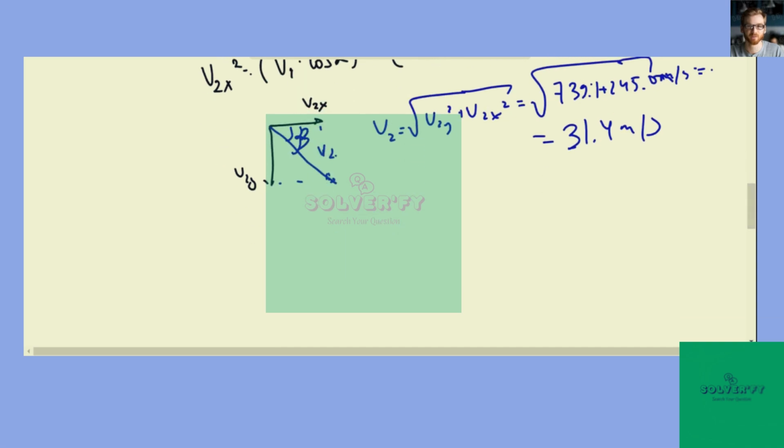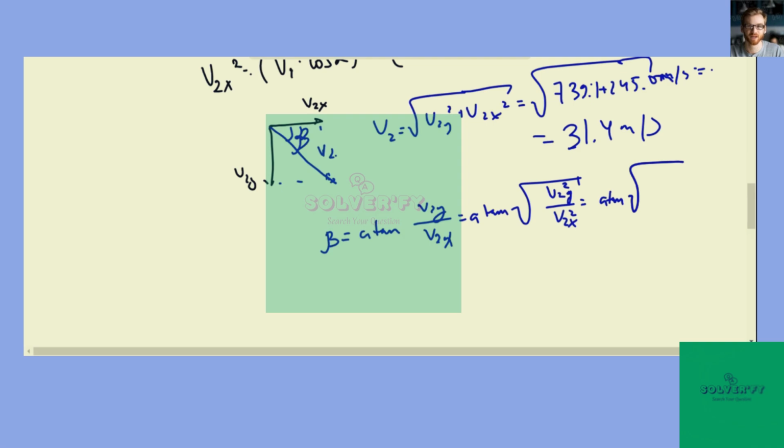Or actually, let's label it angle beta, which is the angle to the horizon. So beta equals the tangent of v2y over v2x, which is the arctangent of 739.1 over 245.0, with square roots.